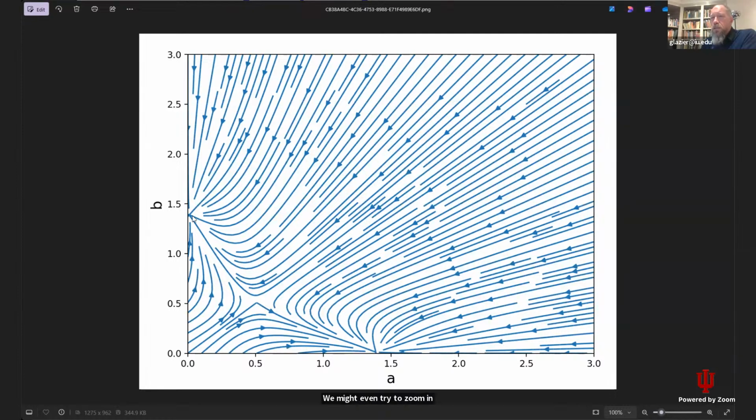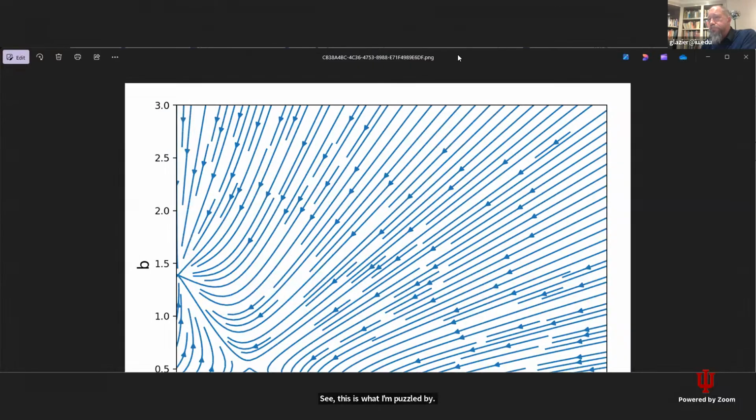Okay, so why is the fixed point that you're getting about 1.5? See, this is what I'm puzzled by. The values for the equation, for the parameter sets that I've given you, yeah, I guess the fixed point's a little bit 1.4, so that's not too bad. So that should be all right.